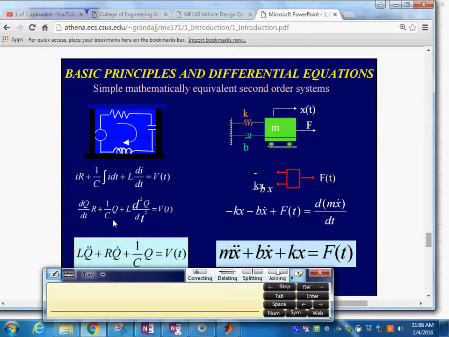Because this equation that you see in here is basically what we derived. And so now we can actually use this differential equation and transform it into a Simulink block diagram and go with that.